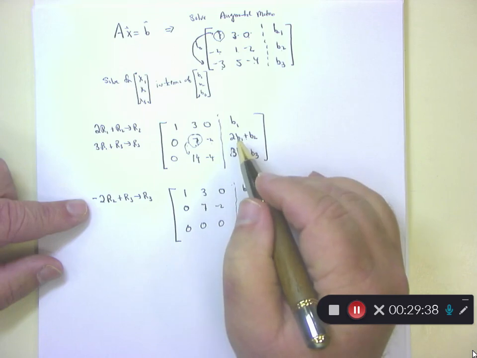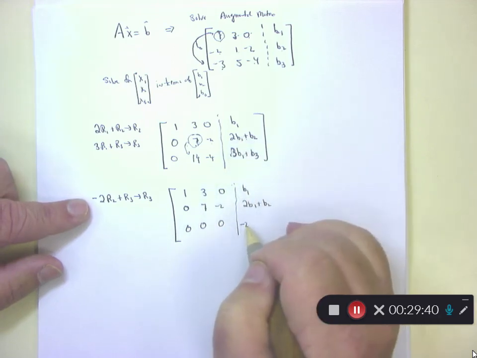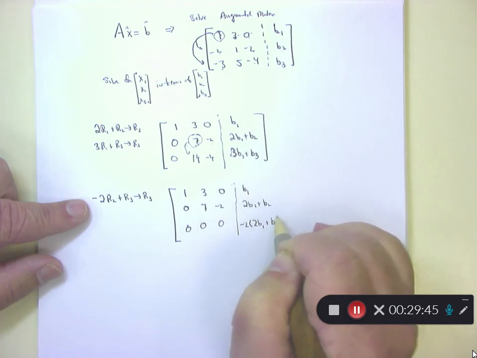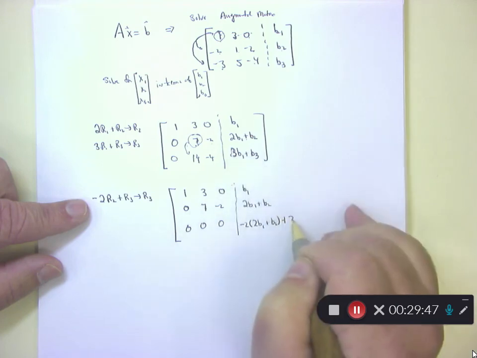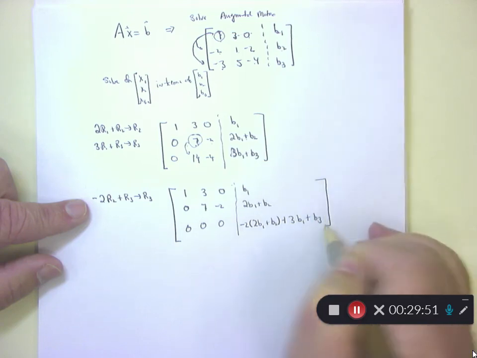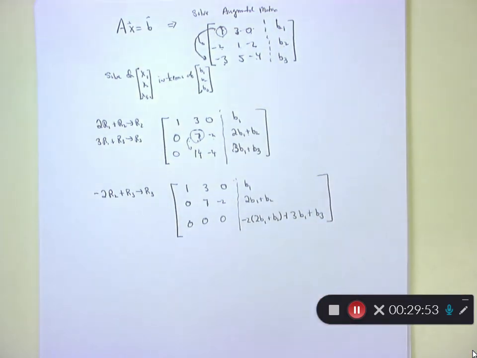Now watch this one. It's negative 2 times 2B1 plus B2 added to 3B1 plus B3. And I wrote it that way because I didn't want to mess you guys up, and to show you exactly what I did. I'm actually doing row reduction here.